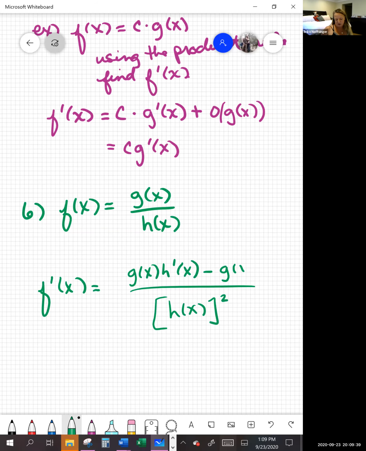I'm sorry, I missed what you got in the numerator. Maybe I wrote that down wrong. Will you just repeat that? Would it just be the g of x times h of x?